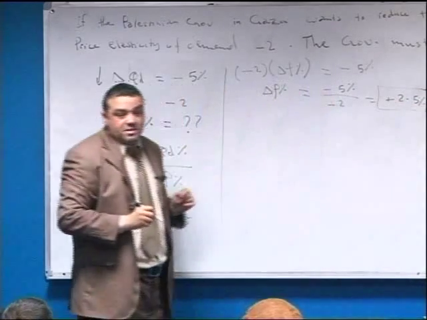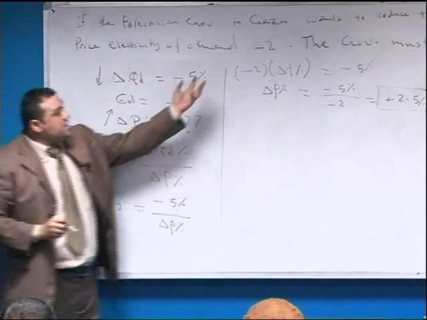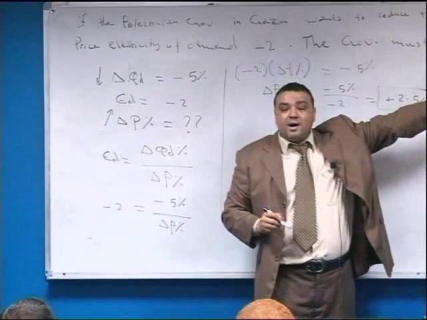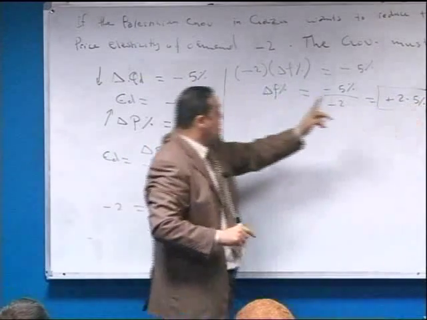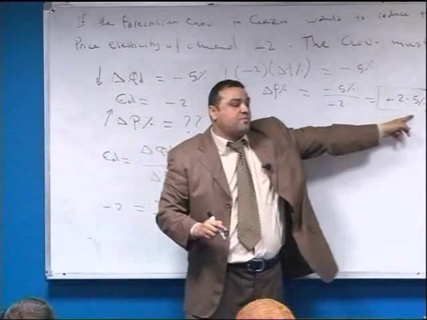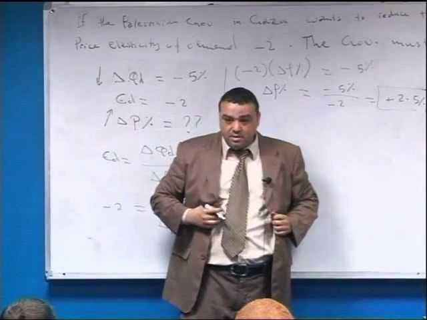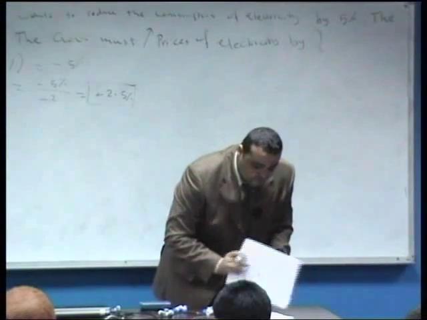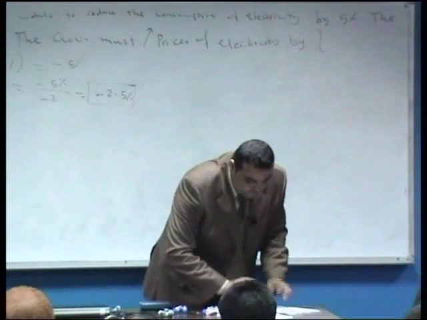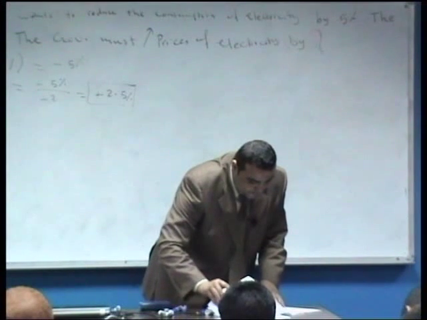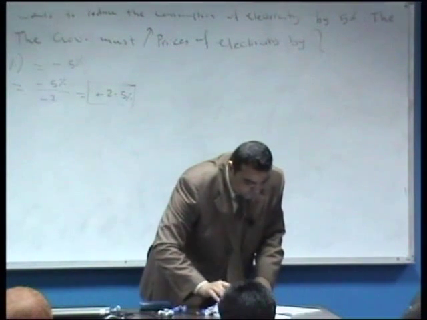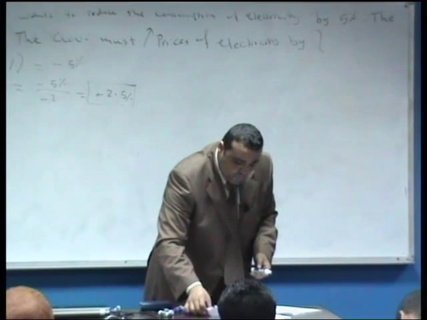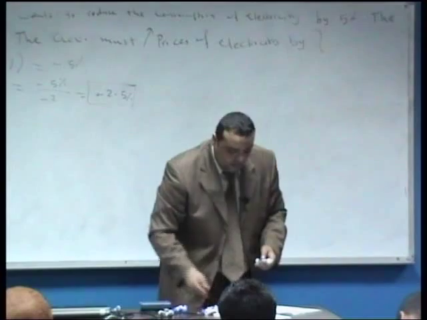So if the government wants to reduce the consumption of electricity by 5%, I advise them to increase the prices by 2.5%. Right? Okay. If the prices of a chicken, okay.